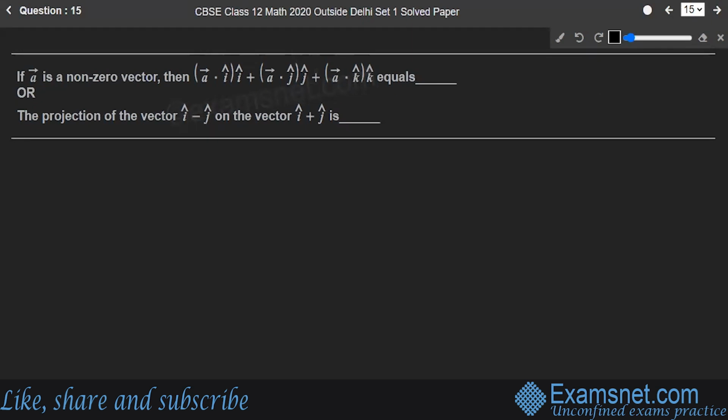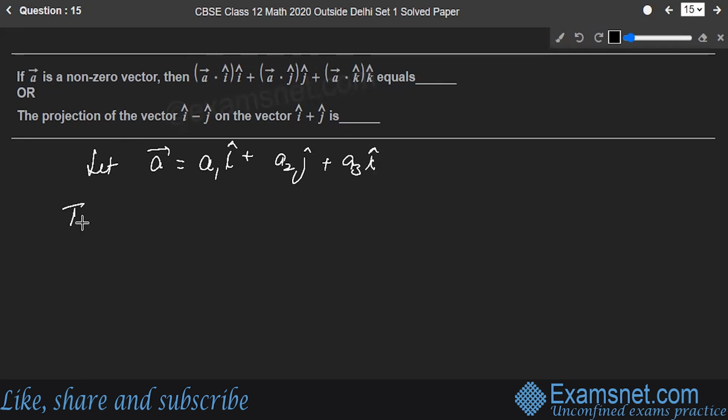Question number 15: if A is a non-zero vector, then (A.i)i plus (A.j)j plus (A.k)k equals what? To solve the question, let's say the vector A is equal to A1 i, A2 j, A3 k.